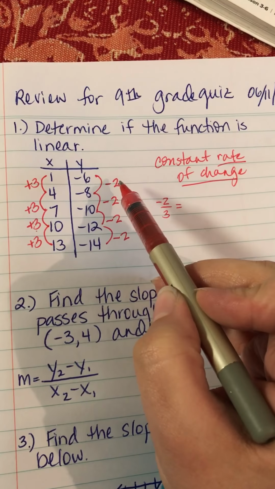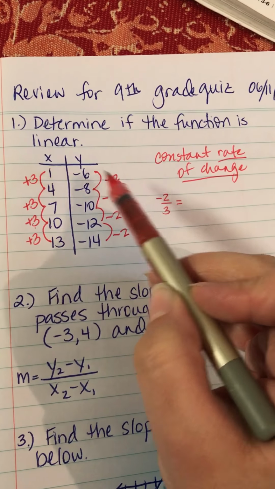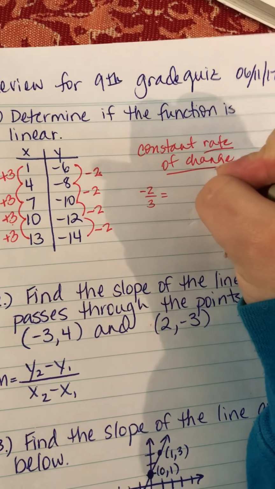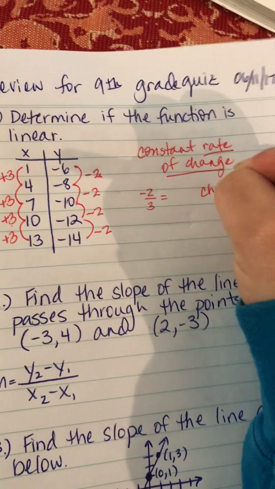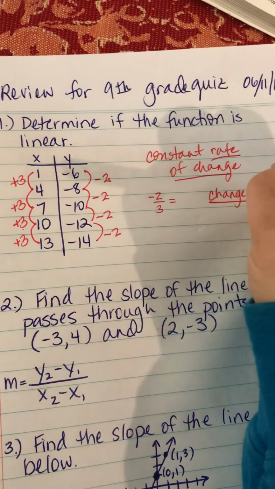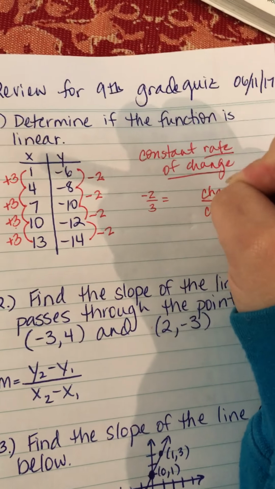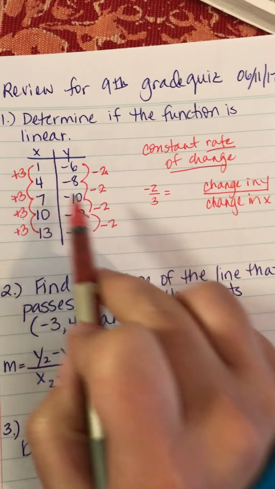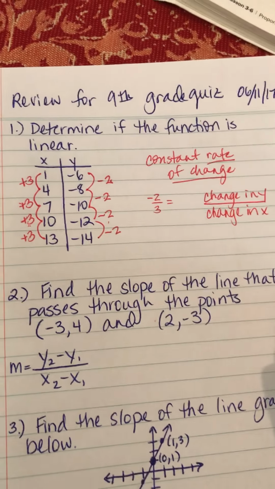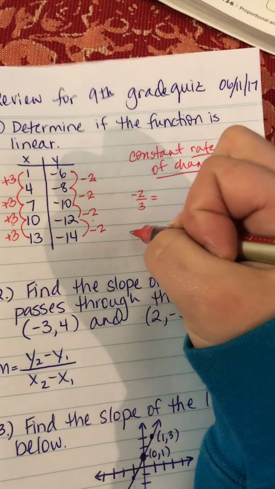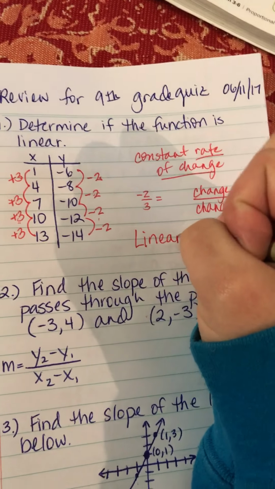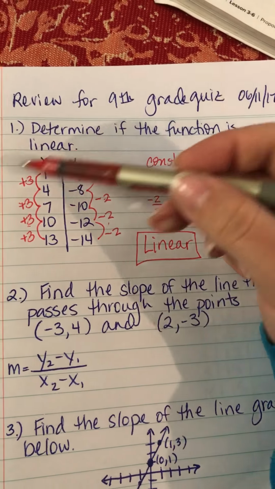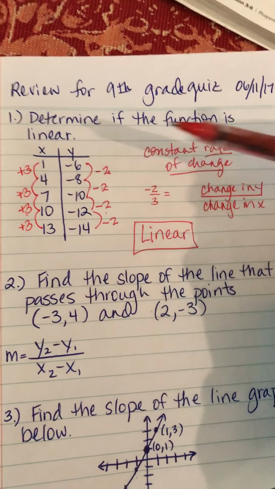So when I divide the y value change by the x value change, the change in y divided by the change in x for each part, and they're all equal, then this is linear. So this one is linear. And I would put yes or linear. And I would also show my work on the quiz.